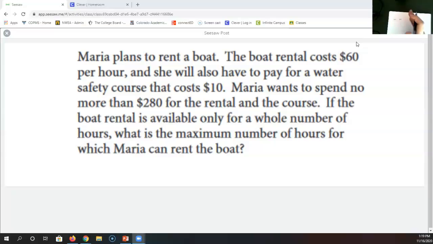It's just $10 to go to the course, so that'll be kind of like our y-intercept. And she doesn't want to spend more than $280. And our answer needs to be in whole numbers, because the rental is only available for whole numbers of hours. What is the maximum number of hours Maria can rent the boat without exceeding $280?